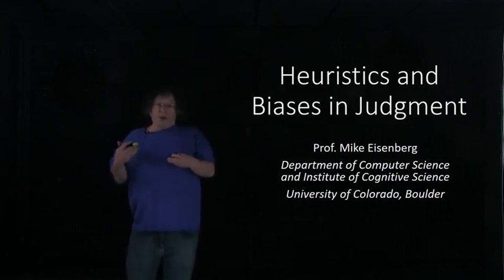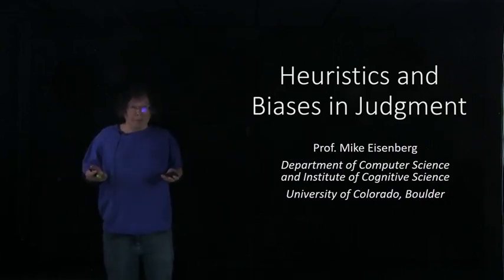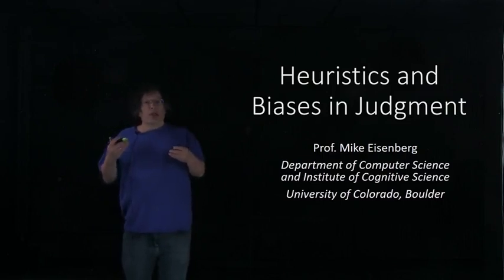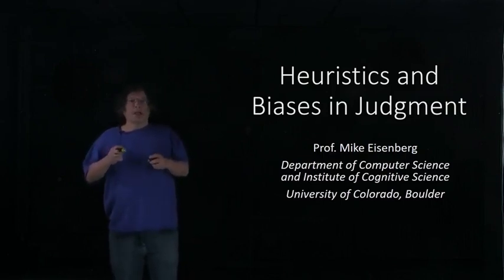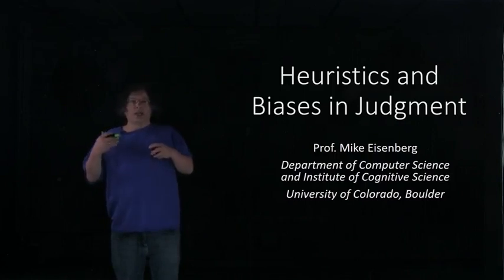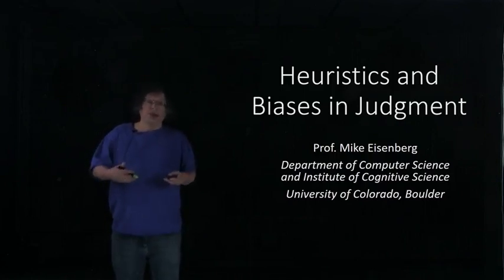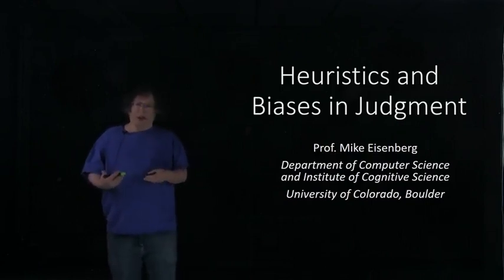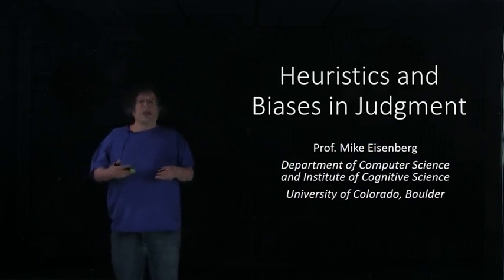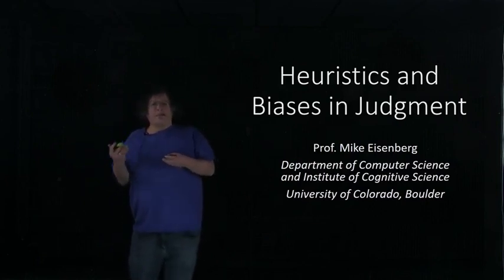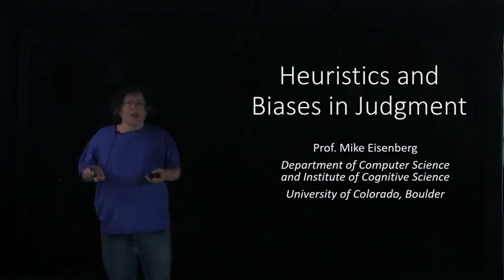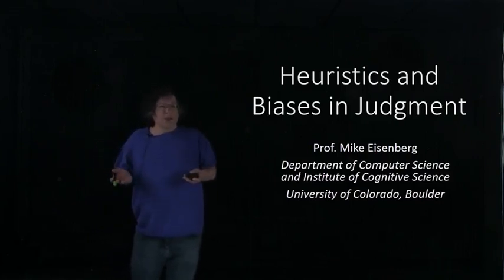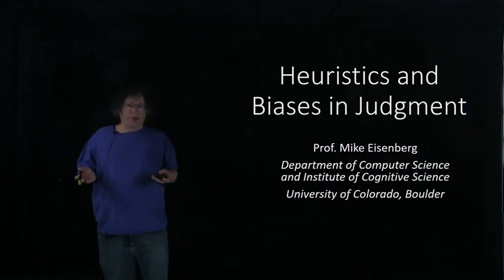Kahneman recently, a few years ago, wrote a very interesting book called Thinking, Fast and Slow, which is a compendium of the work that he and Tversky, who died some years ago, did together, and much of the research that they did on certain kinds of heuristics and biases that people use in making decisions or rendering judgments. Now, the word heuristic is a description of a kind of rule of thumb, a computational technique that we can use that will help us solve problems, but is not guaranteed to solve problems. So heuristics are things that we can try that are often good ideas, not always, but ways in which we can approach a particular problem.